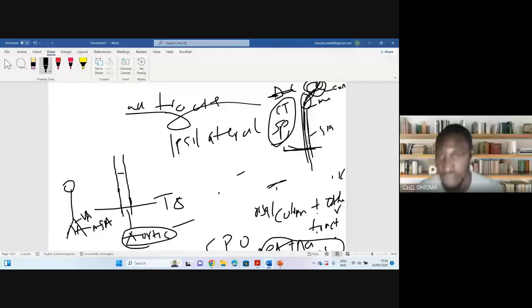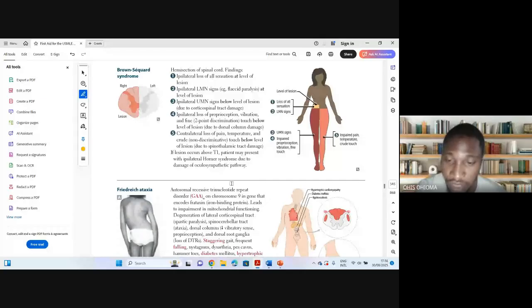For the spinothalamic tract, you can see that the patient has contralateral loss of temperature and pressure below the lesion because of damage to the spinothalamic tract. But the other two down the tract, because they don't cross at the medulla, it's usually ipsilateral. That's what I'm trying to say here.